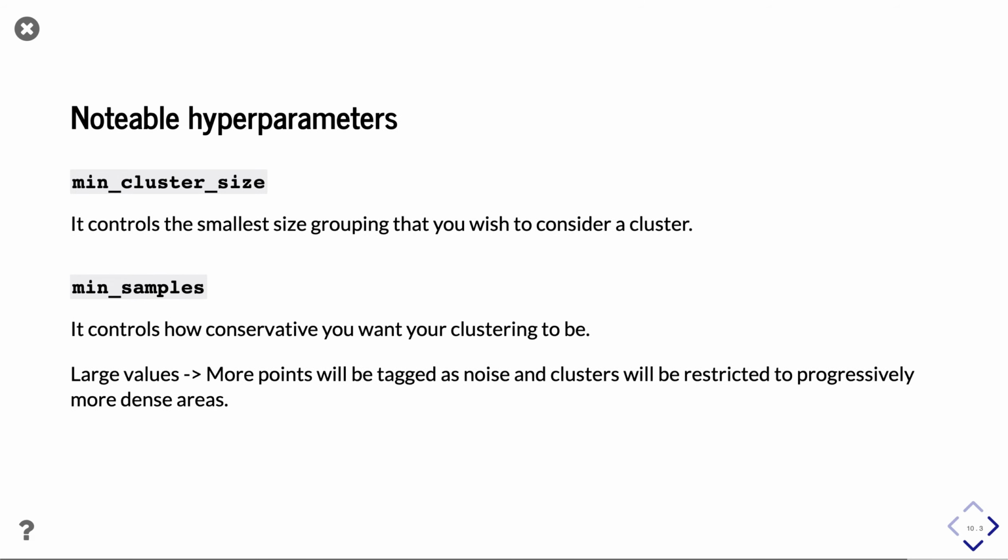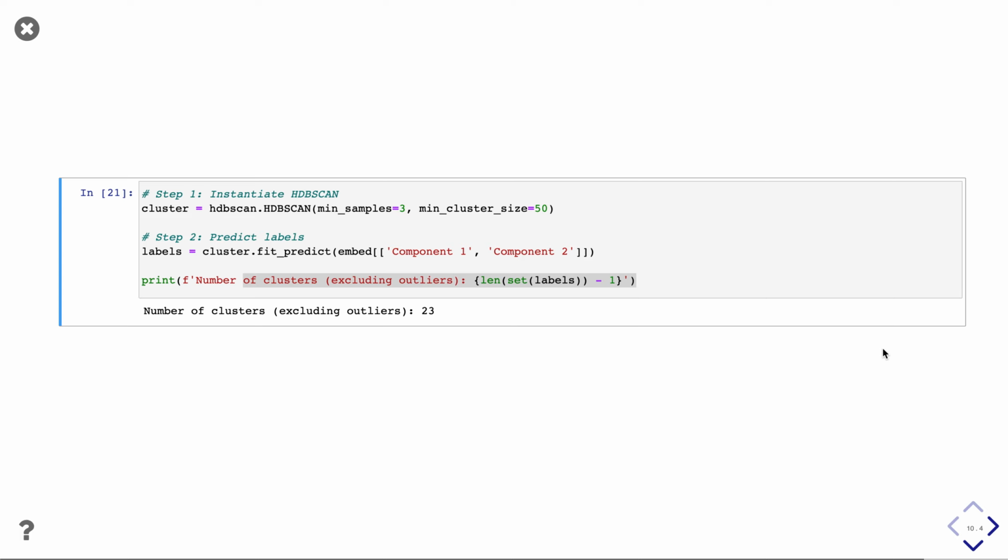So HDBSCAN has some notable hyperparameters. The first one is the minimum cluster size, which controls the smallest size grouping that you wish to consider as a cluster. And the second one is the minimum sample size, which controls how conservative you want your clustering to be.